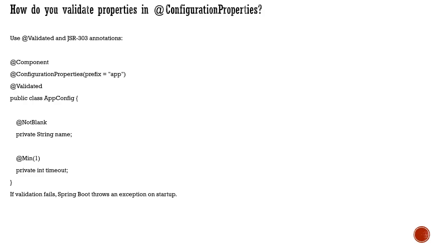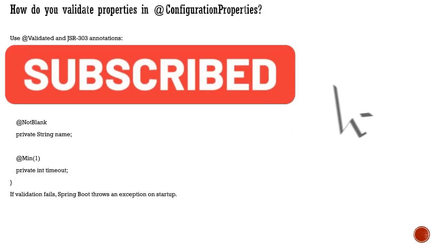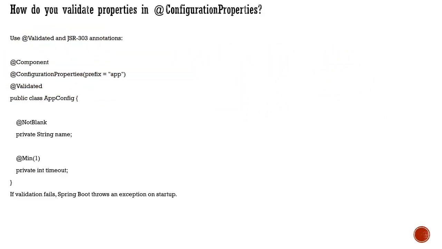Now, how do you validate the properties in the configuration properties? There is an annotation called @Validated, and there are JSR-303 annotations. When you're using @Validated along with @Component or @ConfigurationProperties, you can define that class, and you can have this validation.